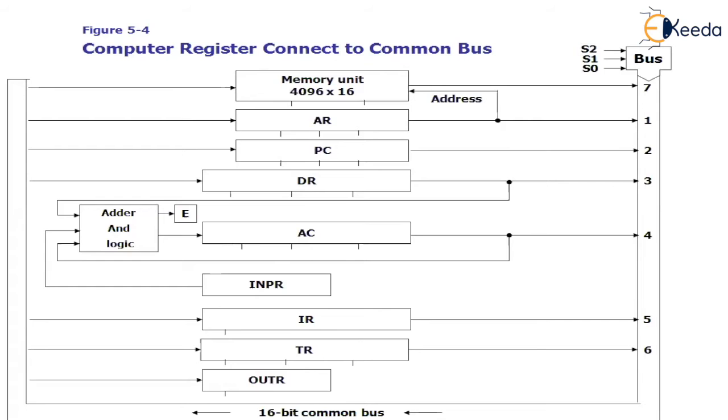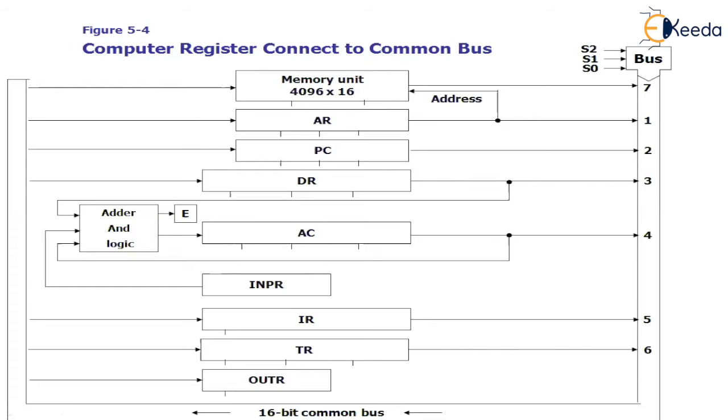For an example, in T0, during the first clock pulse, the program counter is going to make a transfer to the address register, right?